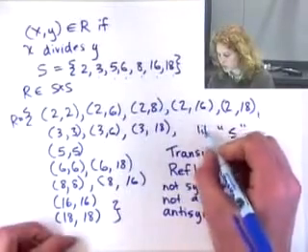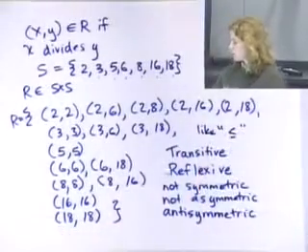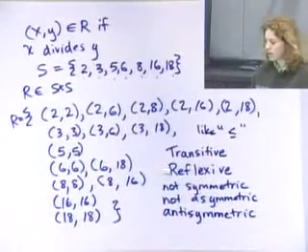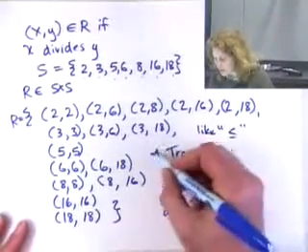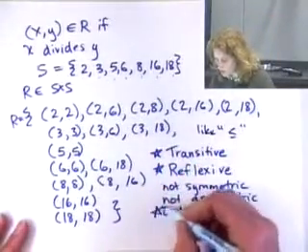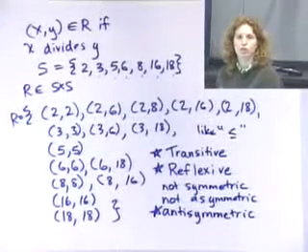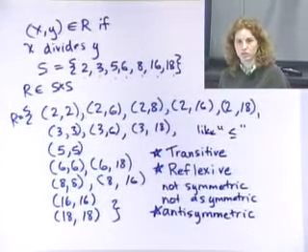So 2 is less than or equal to 2, but if 2 is less than or equal to 3, I can't put 3 is less than or equal to 2. So it's kind of like less than or equal to. The way it's like less than or equal to is that it has these 3 properties: transitive, reflexive, and antisymmetric.